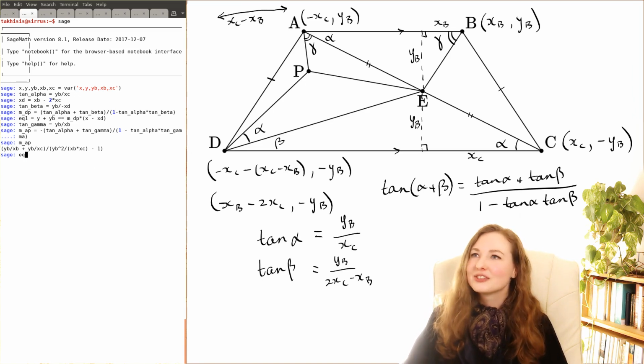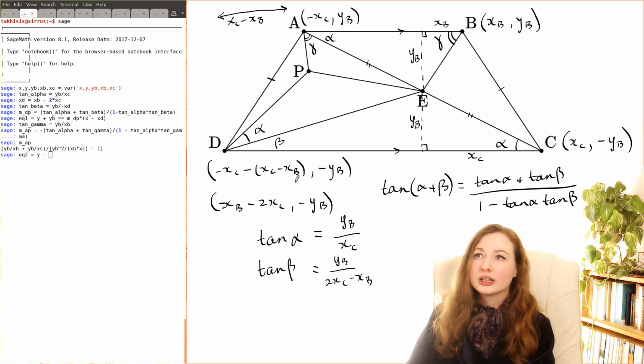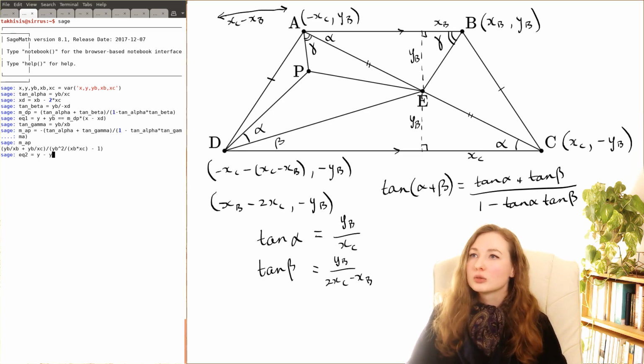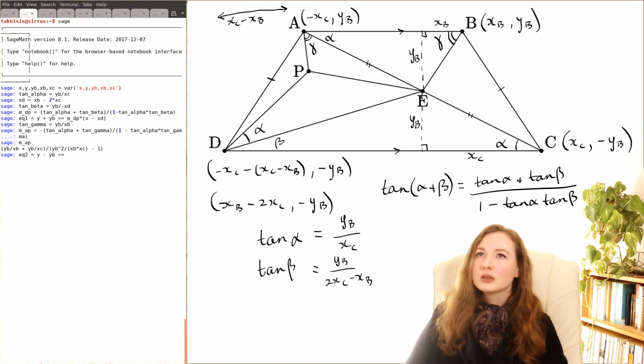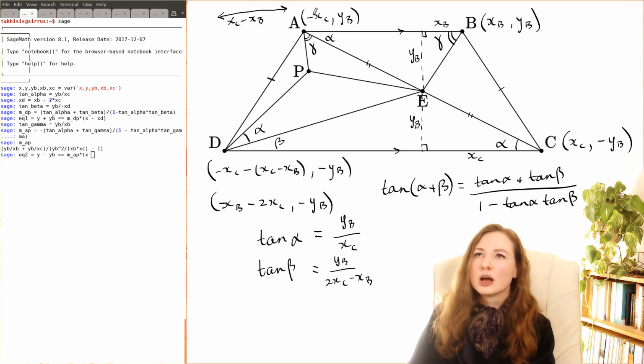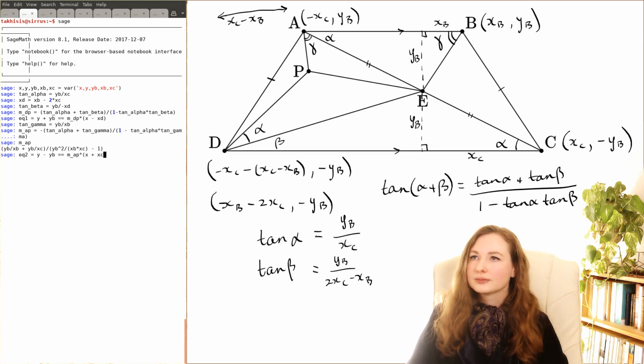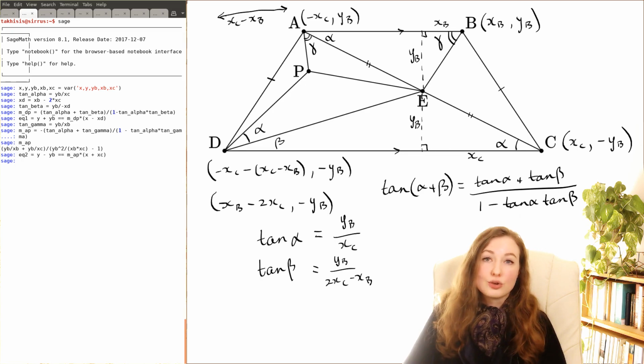Okay, so now we can define equation 2 as y minus the y coordinate here, so y minus yb equals the slope of AP times x minus the x coordinate here. So that's going to be x plus xc. Okay, and now I can just tell it to solve those equations simultaneously.